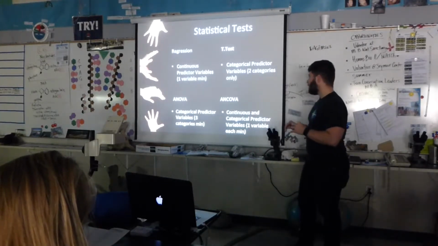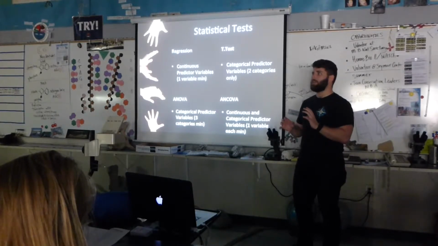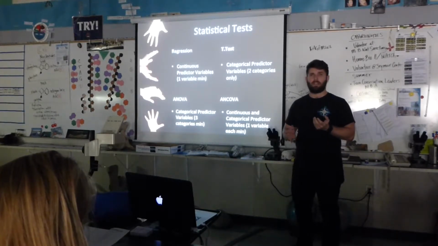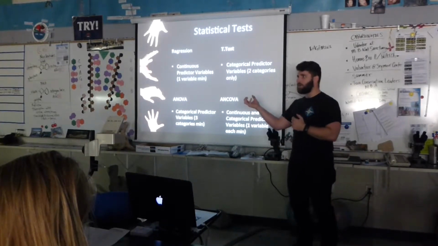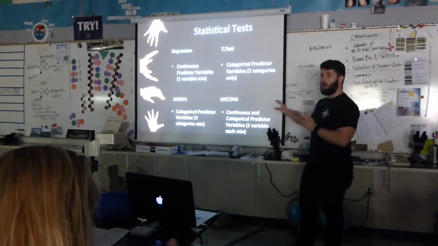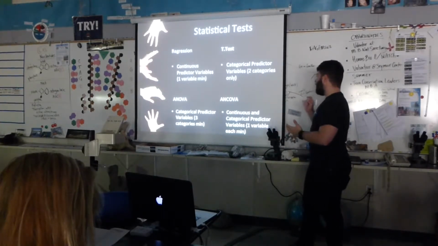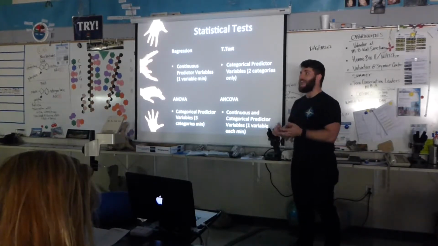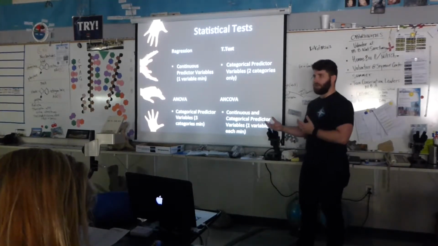Okay. And then the last one, which is the most complicated, and it's unlikely you guys will be doing this because not many people do, but just to throw it out there so that you can understand categorical data and continuous data coming together. For an ANCOVA, which is an analysis of covariance, you use continuous data and categorical data to predict a response.